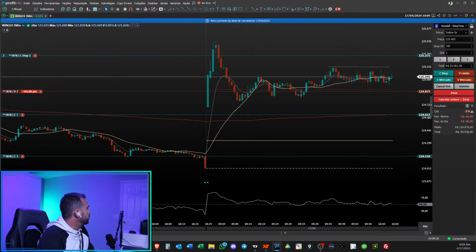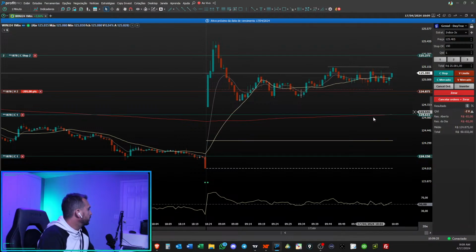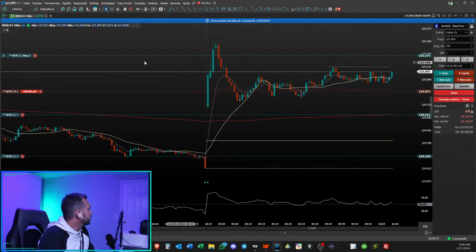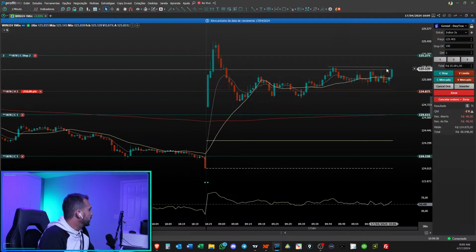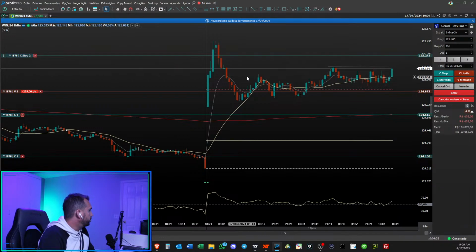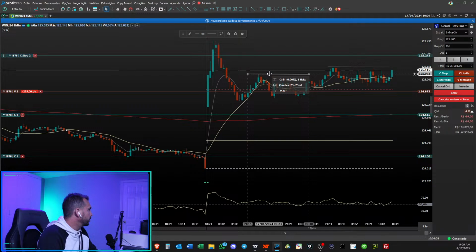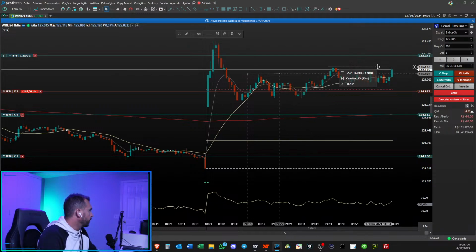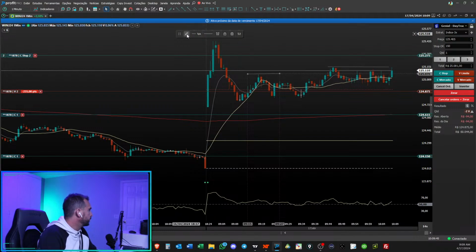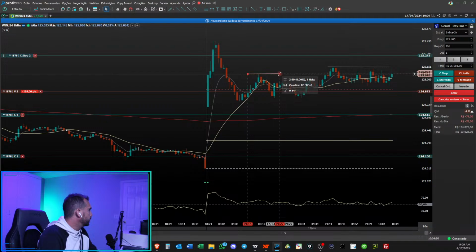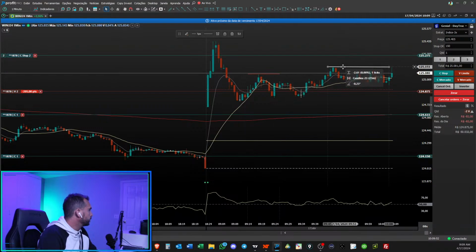As you can see, I'm on a trade right there, looking for a breakdown, closing the gap. I don't want to pass this. My first stop was right here, and I decided to move it a little bit to this area. And now we are here.